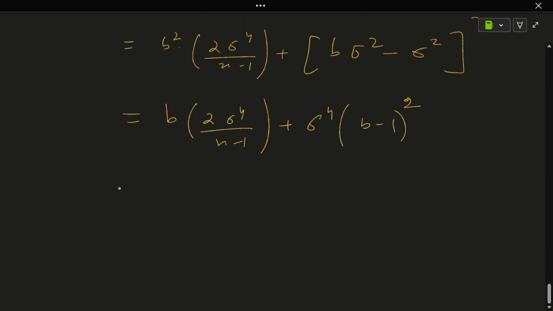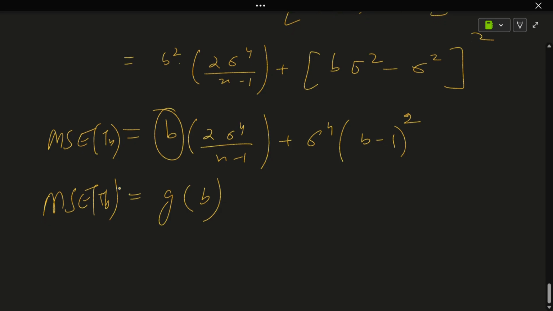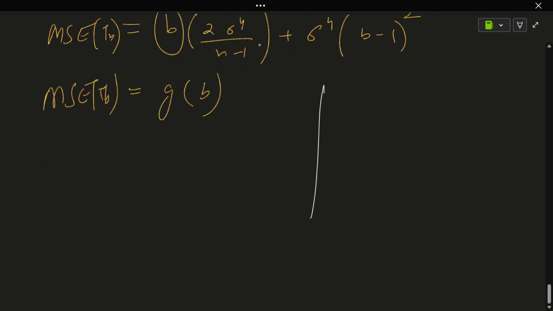So now let's suppose this is my g of b function. Now we need to find the value of b that minimizes MSE of TB. So now we need to differentiate this. See, if we have the function f of x, we have to check if there is a local minima or local maxima.